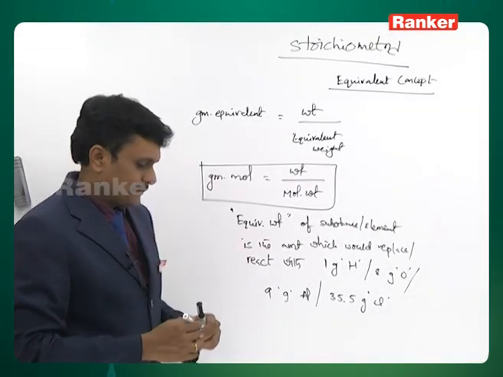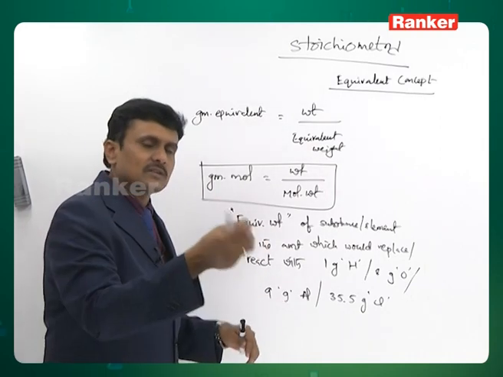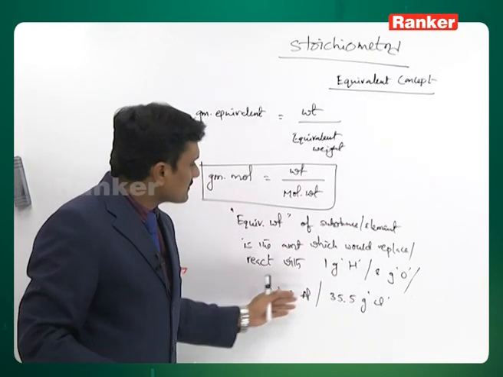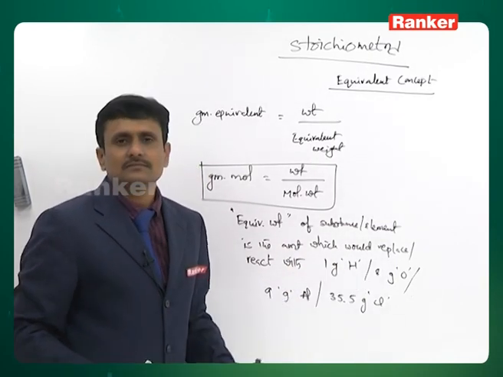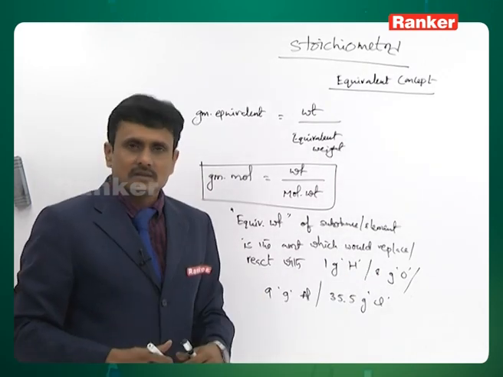So, we say here that equivalent weight, I mean if you are taking the equivalent many grams of a particular substance, it can replace any one of these particular amounts of the elements. So, it may replace 8 gram of oxygen or it may replace 9 gram of aluminium.